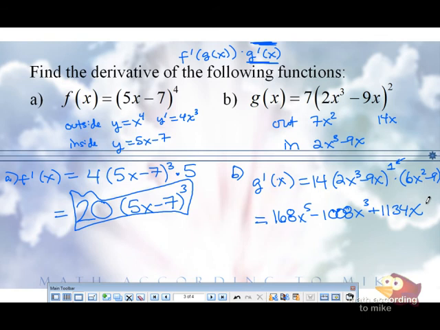Awesome. So again, depending on the problem, I might tell you, leave it alone after you're done differentiating. This one's not too bad because it's just a decent polynomial.